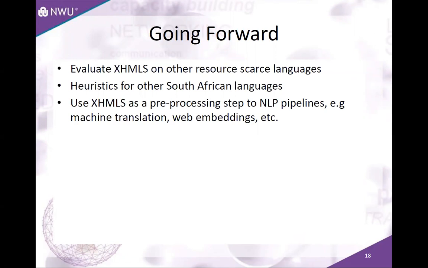And also, we know that segmentation does improve word embeddings for agglutinating languages, and so we're hoping to use this work as a pipeline towards other processing works like machine translation, etc.